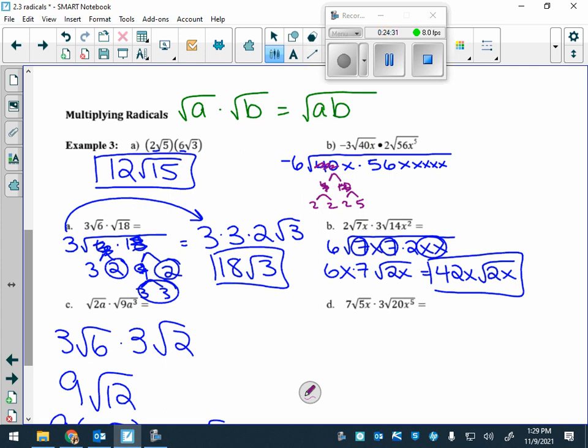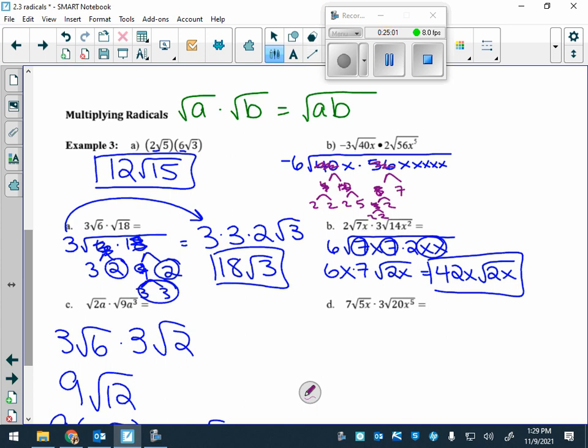How can I break down 56? Yeah, Jack. Yep. I break down 56 to 8 and 7. That's multiplying. You're adding. It's okay. It happens a lot. Don't worry about it. Okay. So it's pretty sloppy, but we could see all our prime factors. Okay.